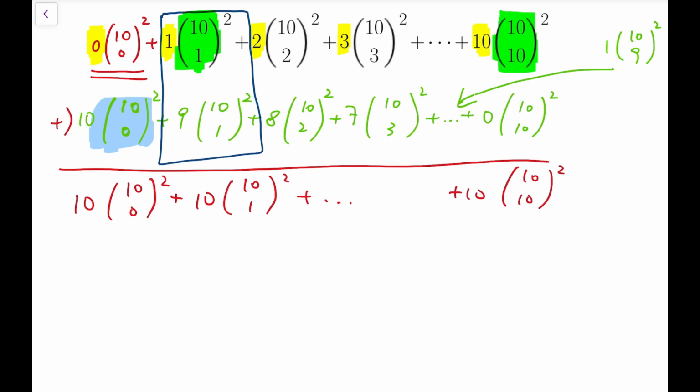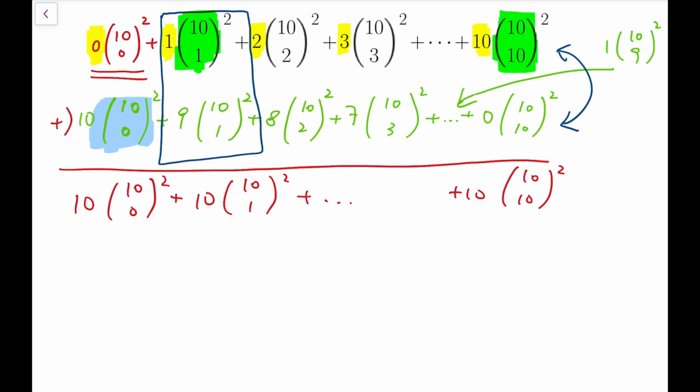So that implies these two bunches of terms actually have equal sum. So when I'm adding things to give 10 times 10 choose 0 whole squared, adding all the way up to 10 times 10 choose 10 whole squared, I'm actually adding two bunches of the same values.